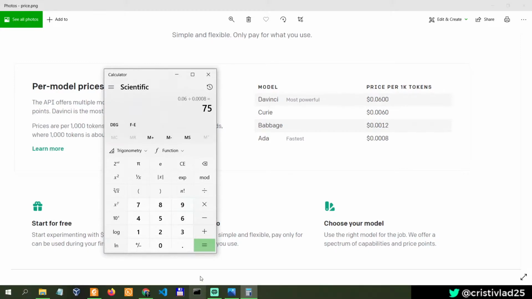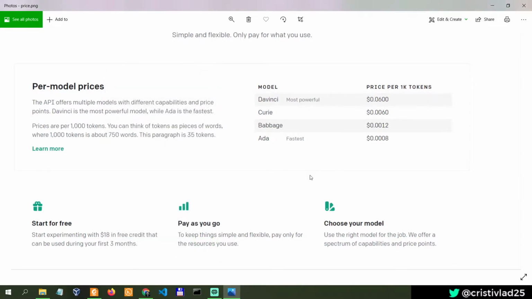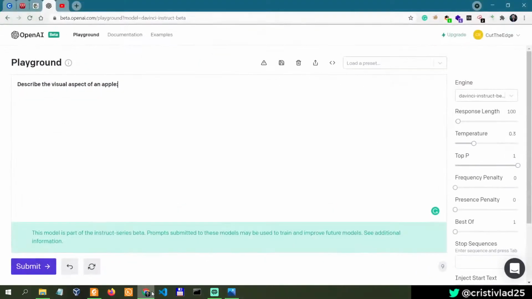That's right. So my math doesn't betray me just yet. So Ada is 75 times less expensive than Da Vinci, and I'm not sure in terms of performance how much less it performs. But we'll look more into the pricing in a future live stream.